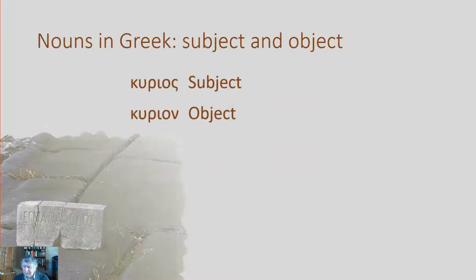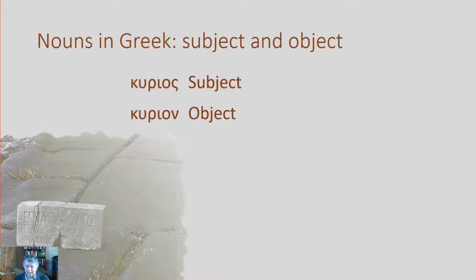So kurios means that the Lord is the subject. Kurion means that the Lord is the object. And this is going to have quite a big significance as we explore Greek and learn a little bit more. I have to tell you that, as is always the case with Greek and Latin and these more academic languages, they have specific words for this.